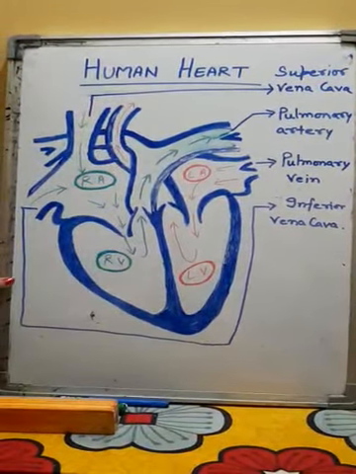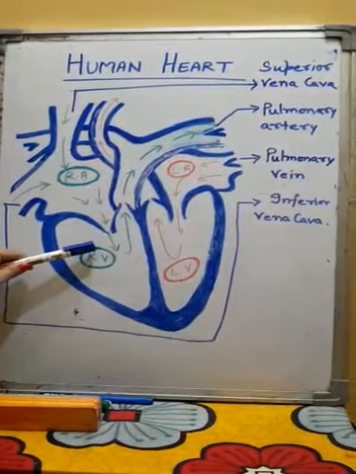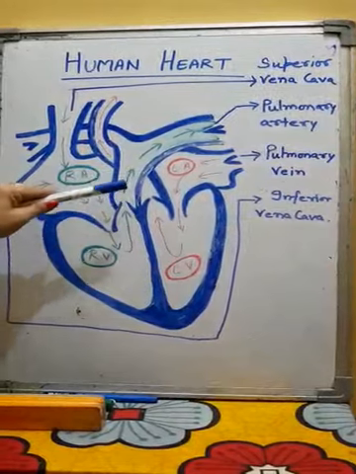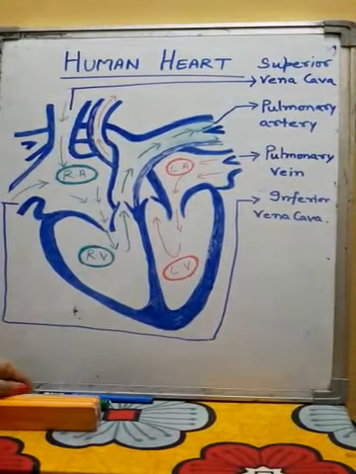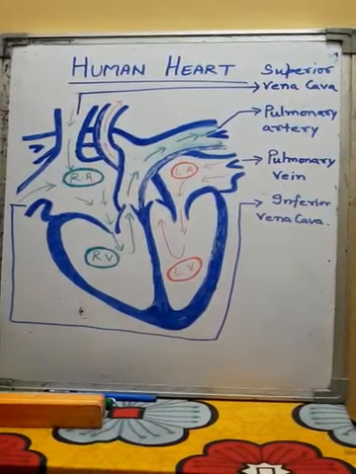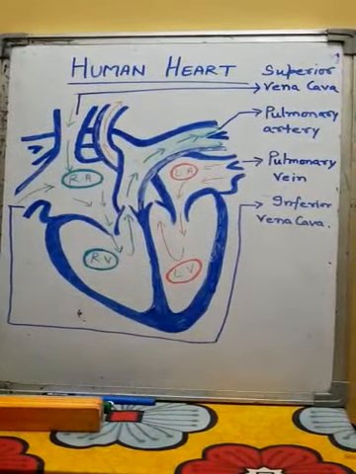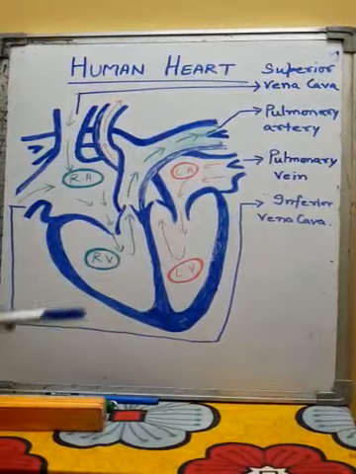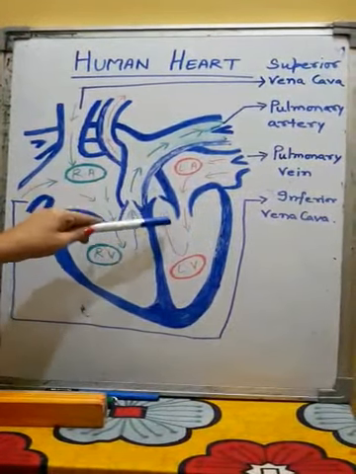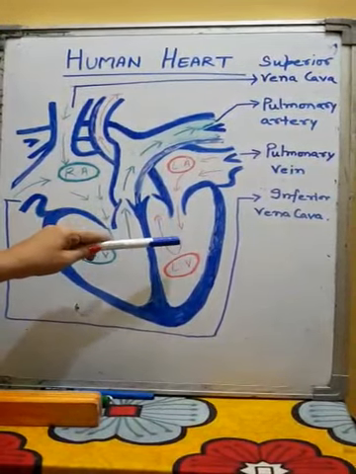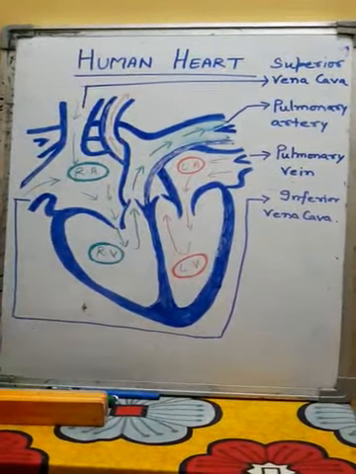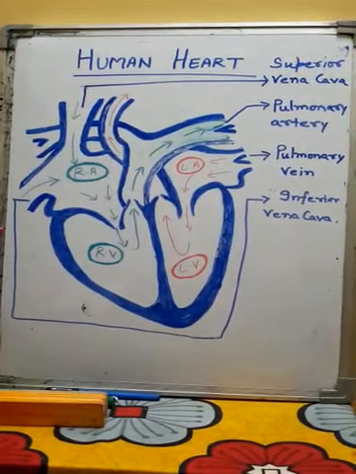The opening between right ventricle and pulmonary arch is surrounded by semi-lunar pulmonary valve, and the opening between left ventricle and aorta is guarded by semi-lunar aortic valve. So students, this is the structure of the human heart.